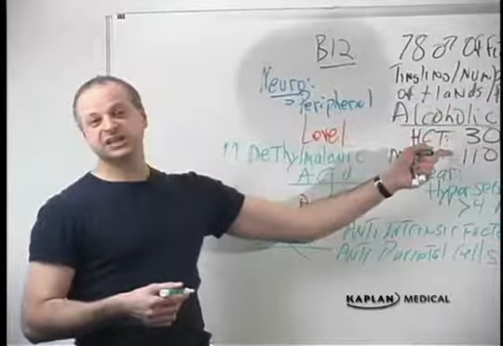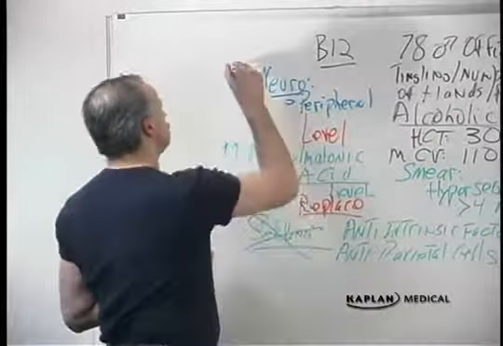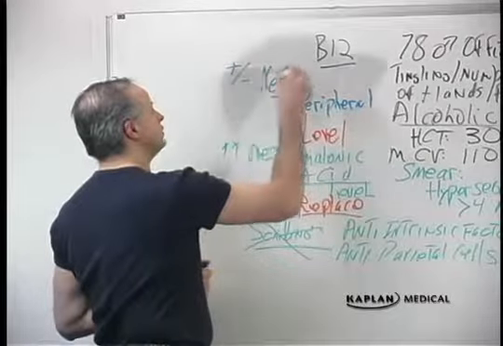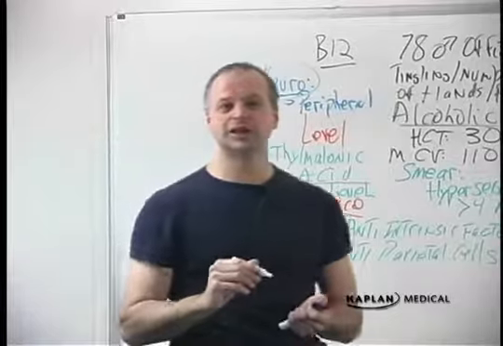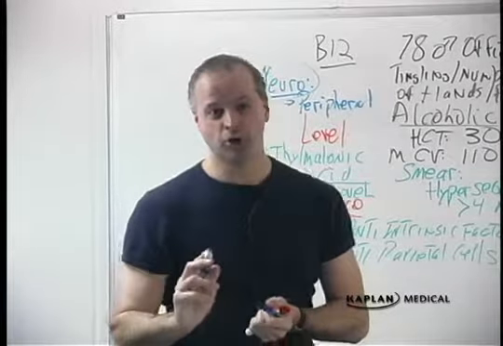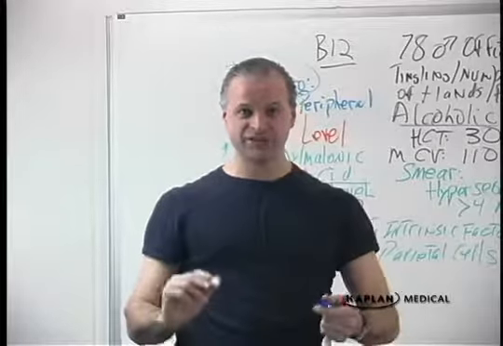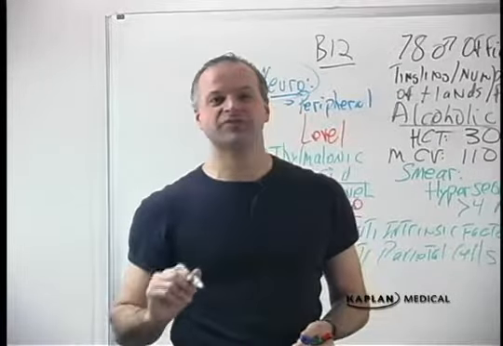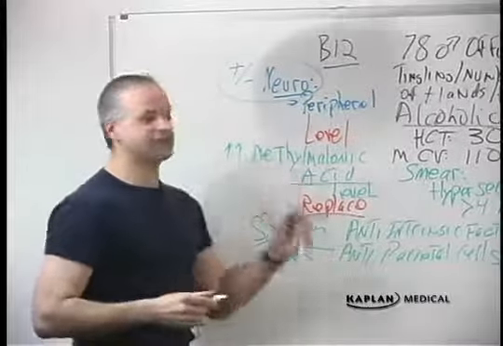I have macrocytic anemia with hypersegmented neutrophils. You could have B12 deficiency with just the neurological problem, just the hematological problem, or both. You don't have to have one to have the other. You could have each of them individually.